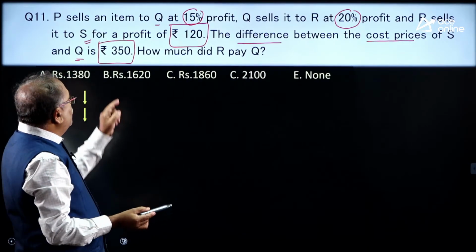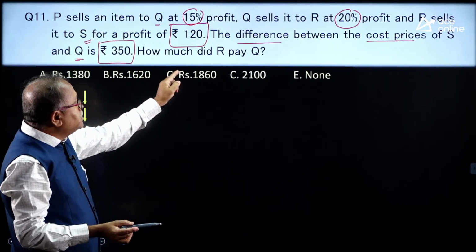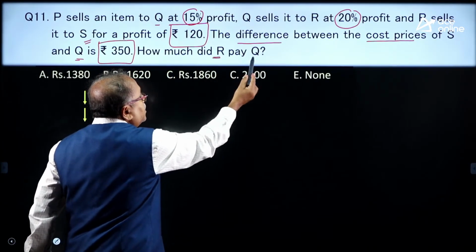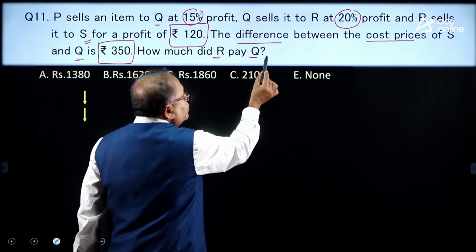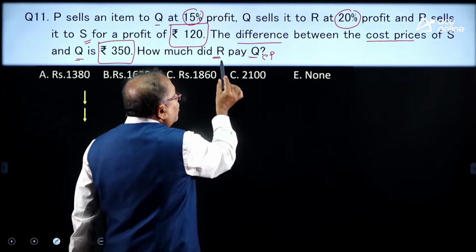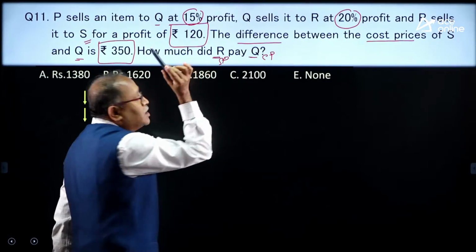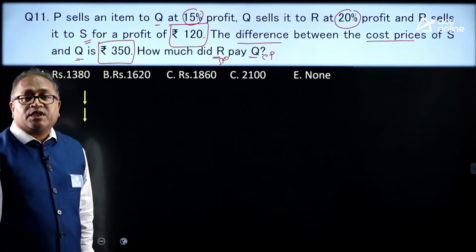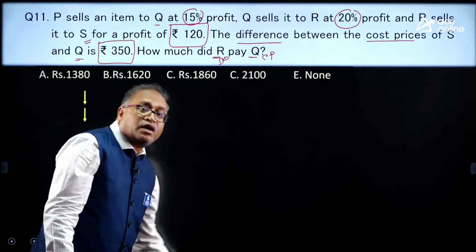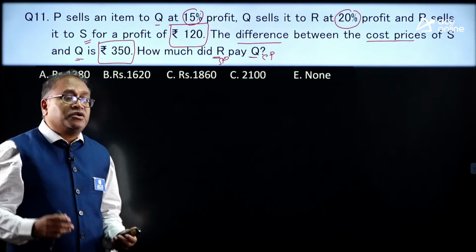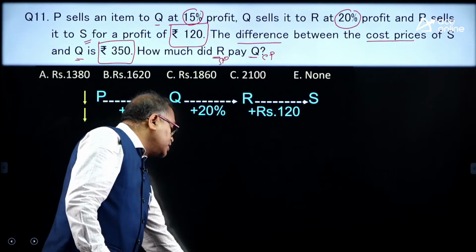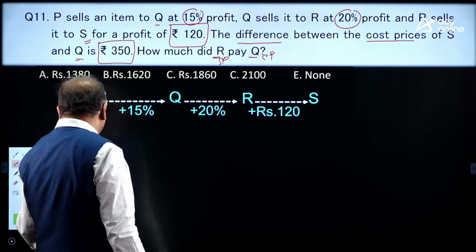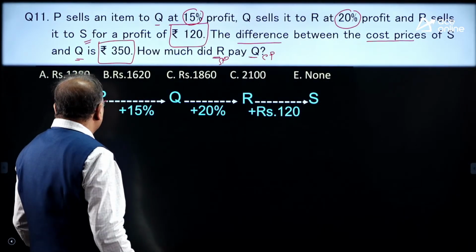What is the question? How much did R pay to Q? That means the cost price of Q or the selling price of R. In order to give you clarity on the thoughts, I put up the diagram over here. The diagram itself is self-explanatory.